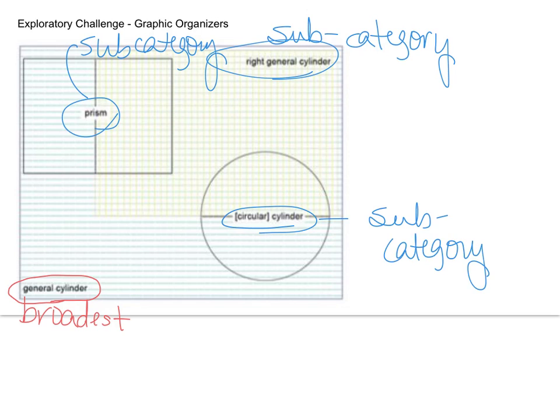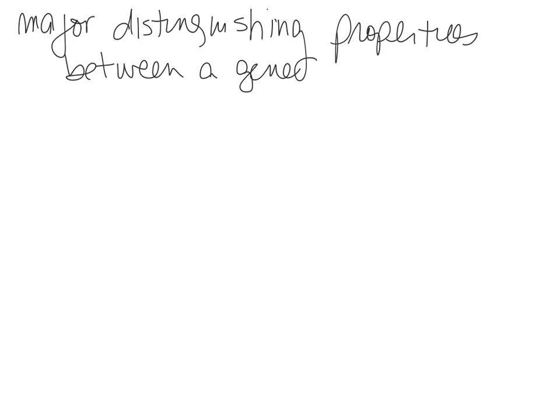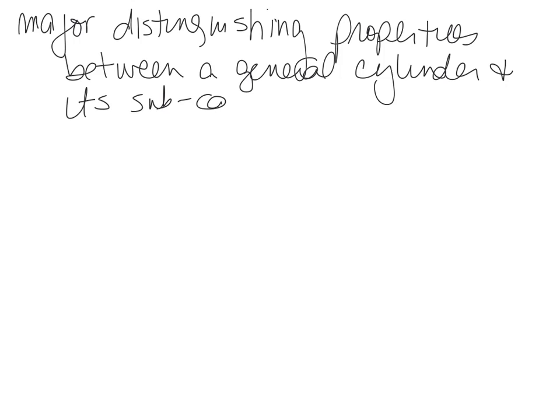What are major distinguishing properties between a general cylinder and its subcategories?